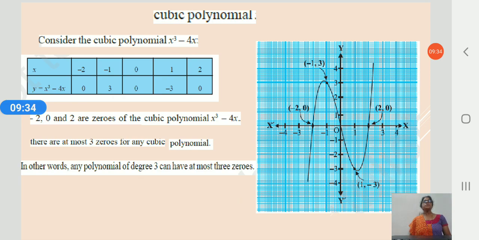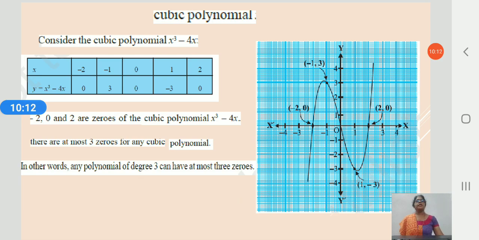Now we can move to the next type of polynomial, that is a cubic polynomial. We know the general form of the cubic polynomial is ax cube plus bx square plus cx plus d, where a not equal to 0. Consider a cubic polynomial, x cube minus 4x. Here x is the variable. We can put different values for x. If x is equal to negative 2, the value becomes negative 2 whole cube minus 4 into negative 2, which is 0.